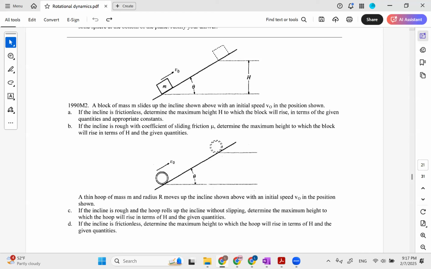Yeah. So this is the general situation. Just use energy conservation. You will get half mv squared equals mgh because it's frictionless, right? So the h will be v naught squared over 2g. That's good. B, how do you set up the equation?